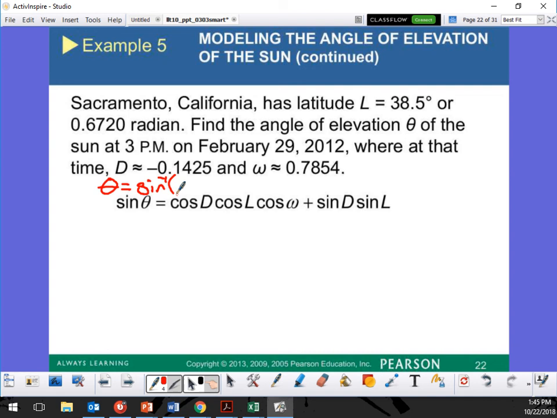Theta, inverse sine, cosine of D. What is the D? Of negative 0.1425, cosine L, of L. My L here is 38.5.